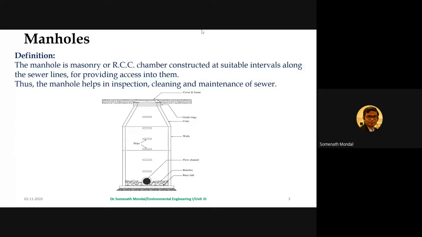By doing this, you can ensure that whatever toxic gases are generated in the sewer system will be diffused through these ventilators into the atmosphere, and thereby the toxicity reduces since the concentration reduces. And when you access the manhole, there is no significant concentration of toxic gases within it. So this is another important role of the manhole.